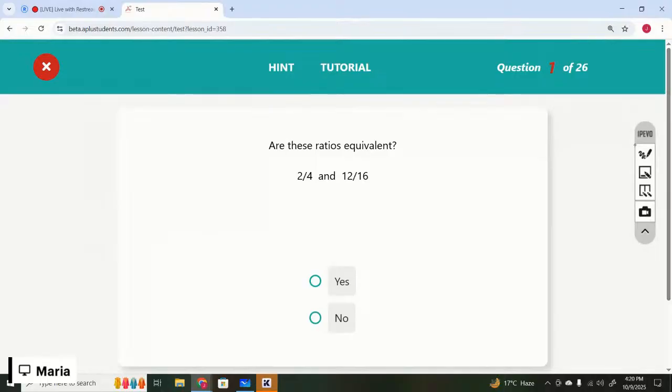So 2 by 4, and no, they are not equivalent. We just did this one.